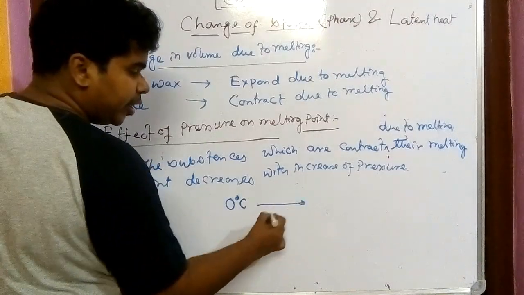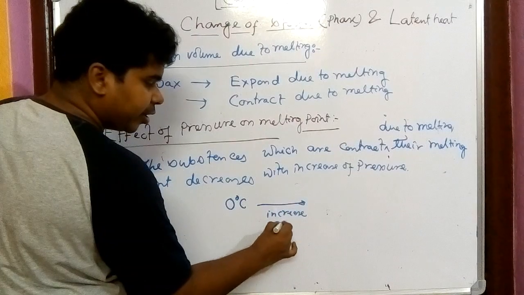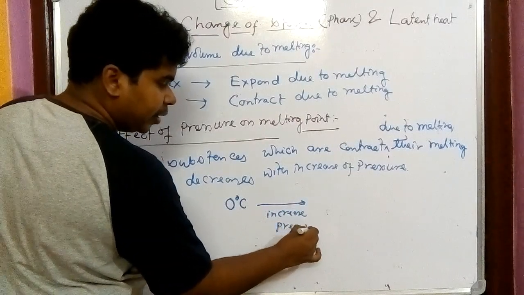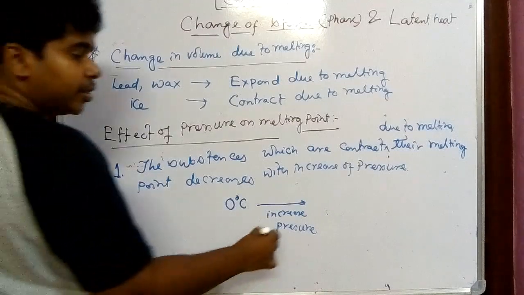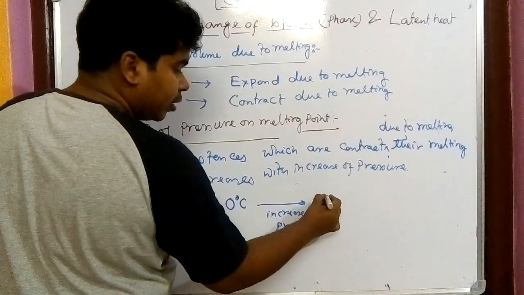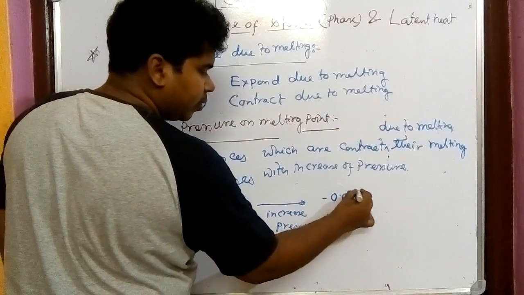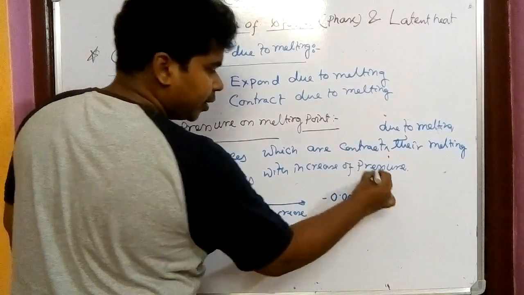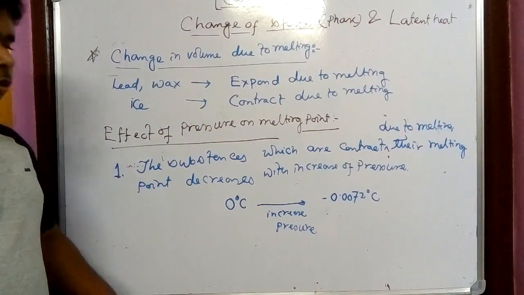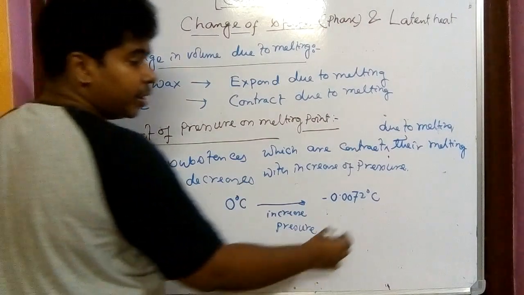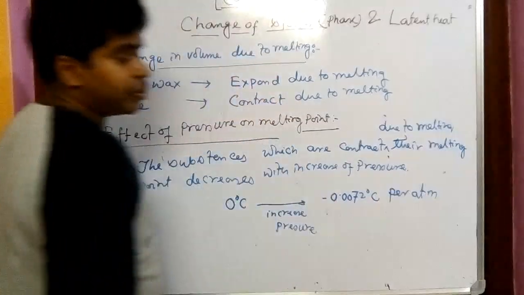If you increase pressure, then it is decreased by almost 0.0072 degrees centigrade per atmospheric pressure.